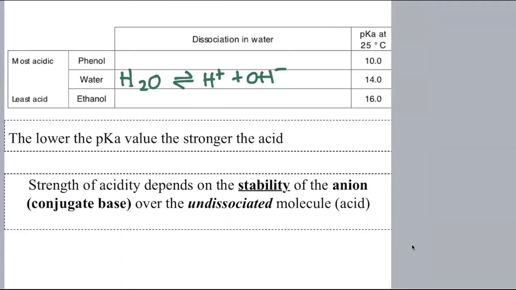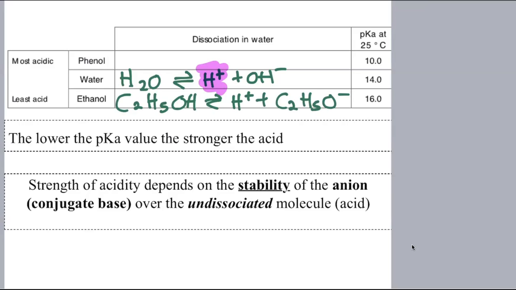You are releasing H plus, so that is still a characteristic of an acid. It's a very, very weak acid, but it still falls under the definition of an acid. Ethanol, C2H5OH, dissociates into H plus plus C2H5O minus, ethoxide. And then there's your phenol.